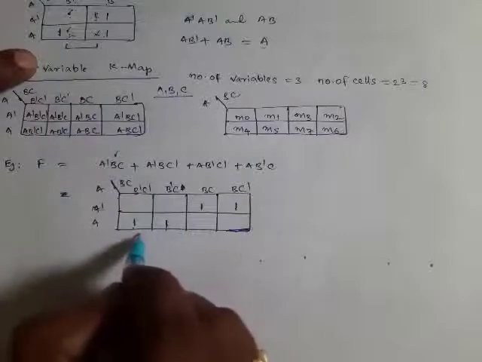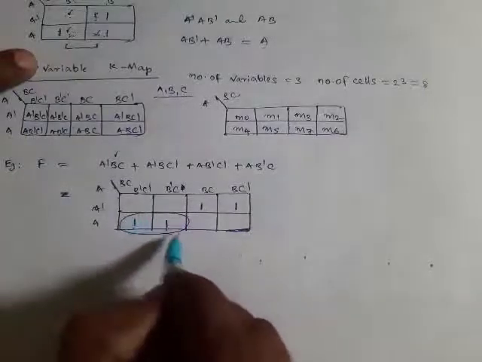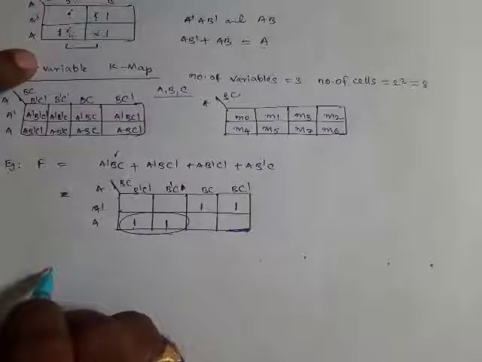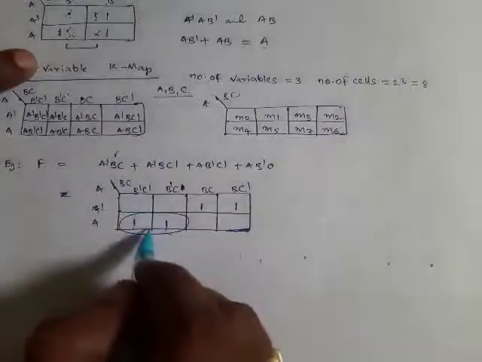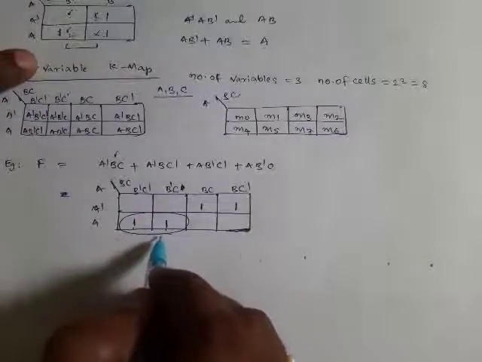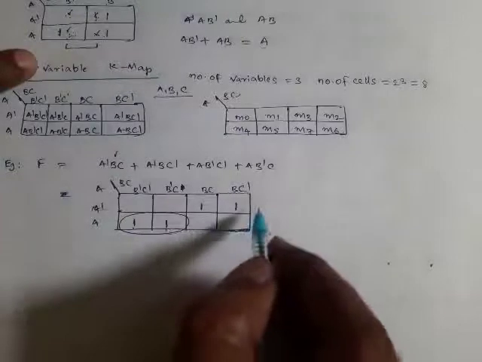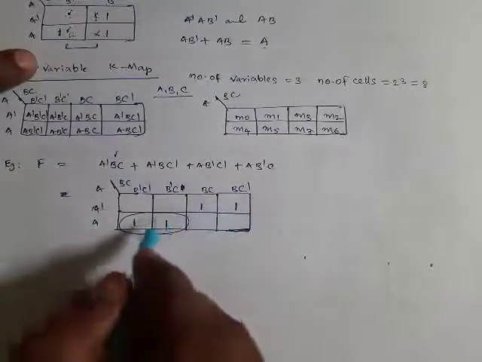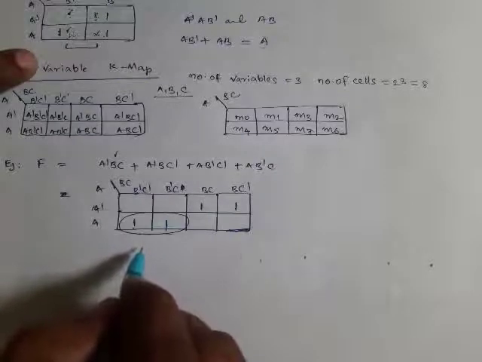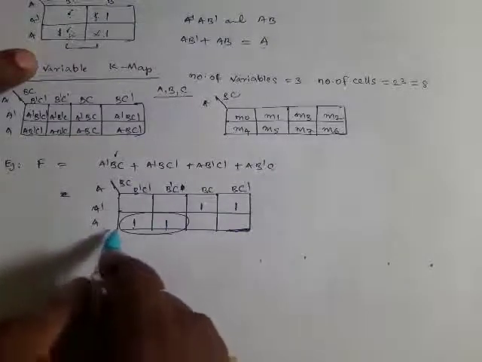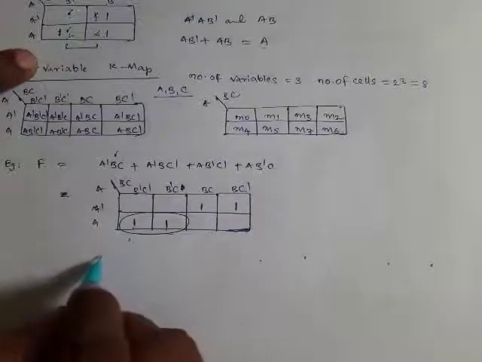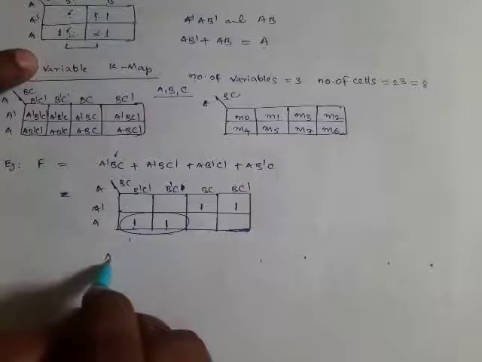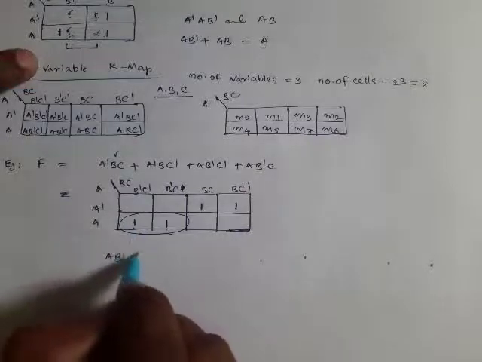So that means we can group these two cells, and we can combine these two minterms, which results in a single minterm, a single product term. When I group these two minterms, this cell represents minterm A B bar C bar.